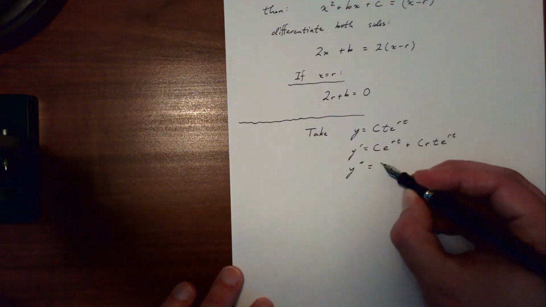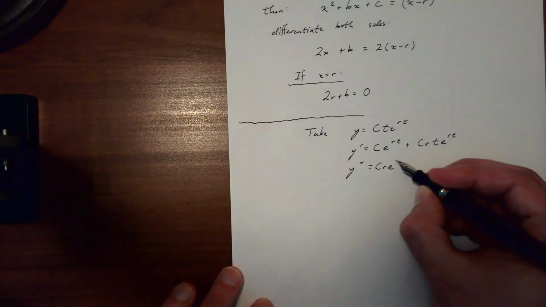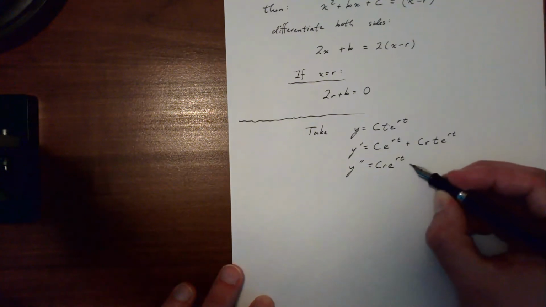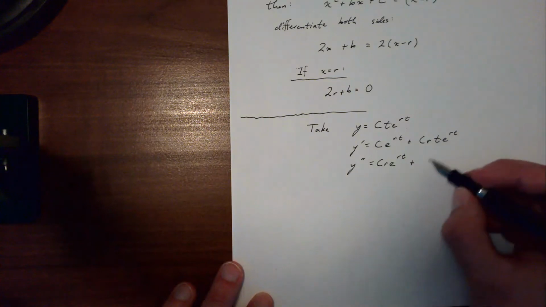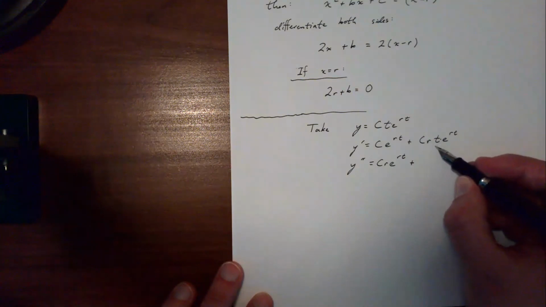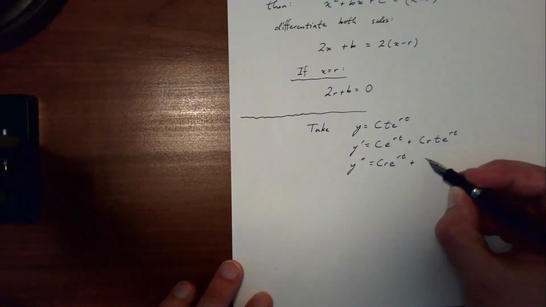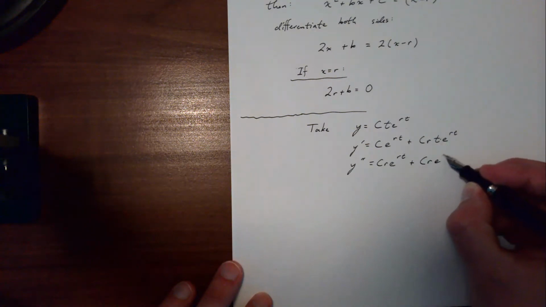And then y double prime would be the same process repeated here. So we're going to have cr e to the rt by the chain rule. For here, we're going to have the product rule again, with this time crt as the first of our functions. So that's going to be cr e to the rt.